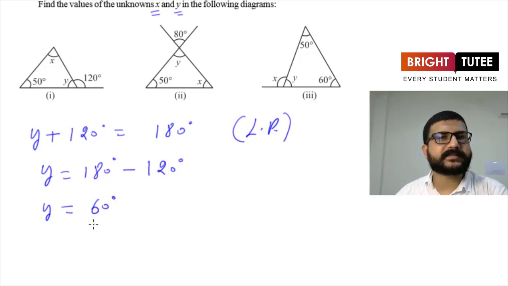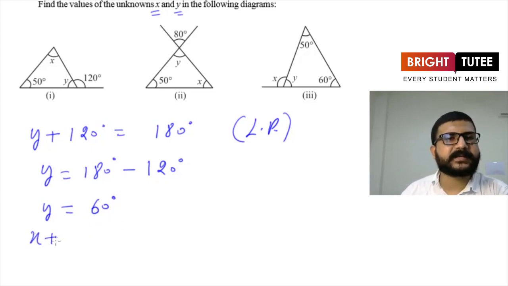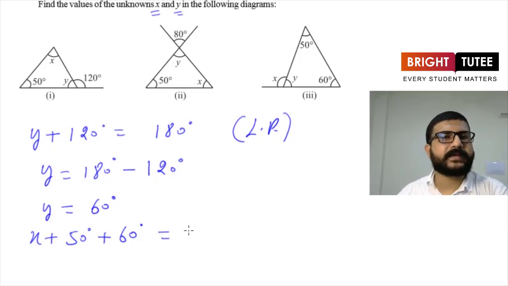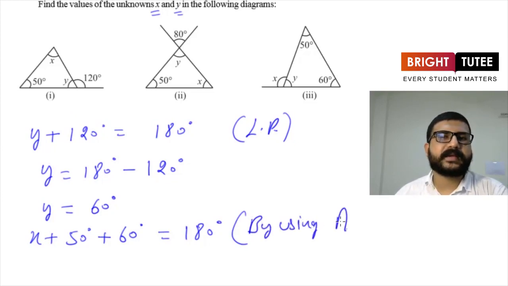Now how to find the value of x? Can we use angle sum property here? Yes, we can do that. So let's use it. So we will get x plus 50 degrees plus y, which is 60 degrees. So let's write 60 degrees directly, and this will be equal to 180 degrees, because we can write by using angle sum property.